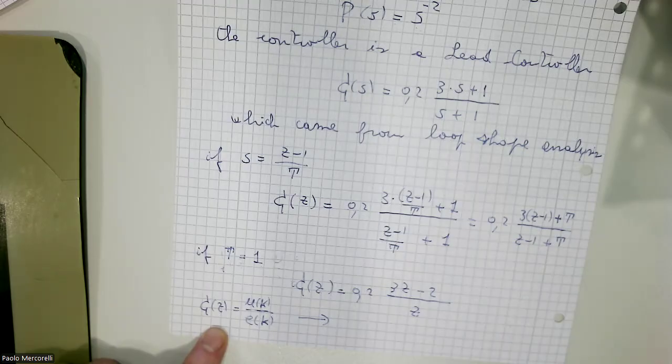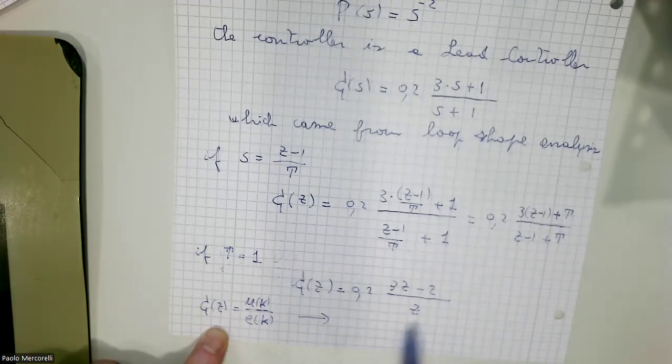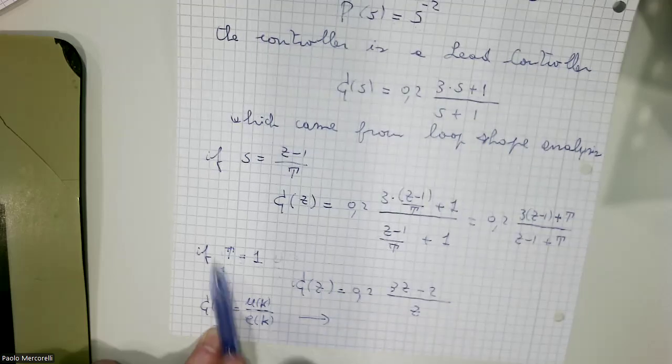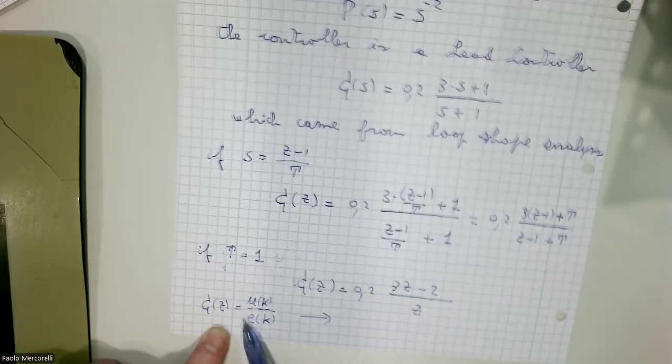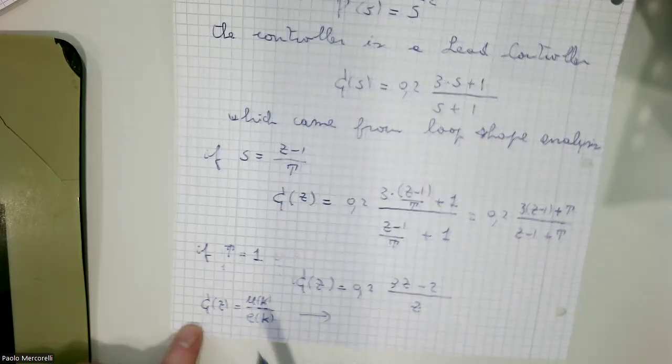Applying this method here, we have this controller here. For T equal 1, this is basically the transfer function which I have.